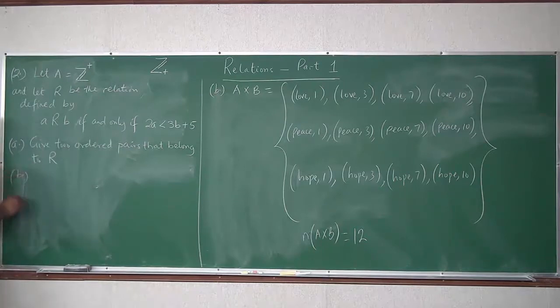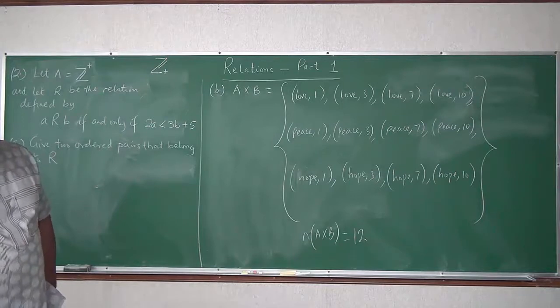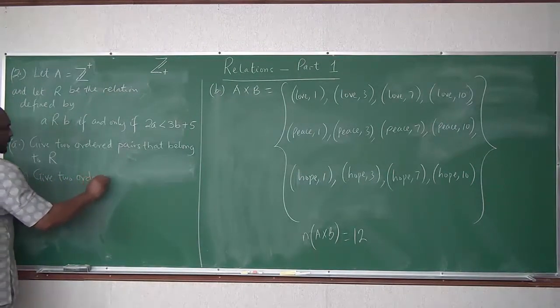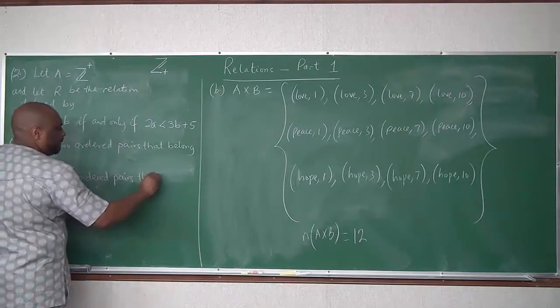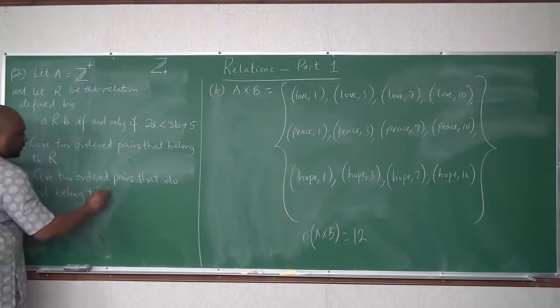And then B, give two ordered pairs that do not belong to R. Give two ordered pairs that do not belong to R.